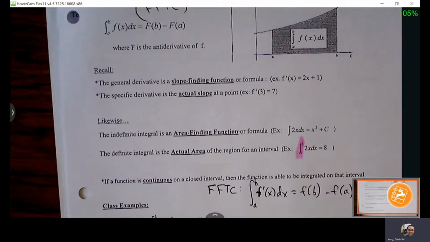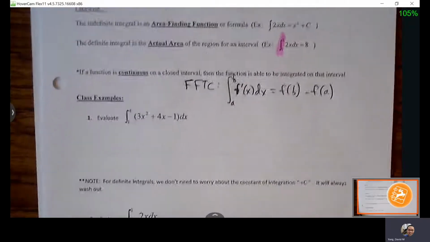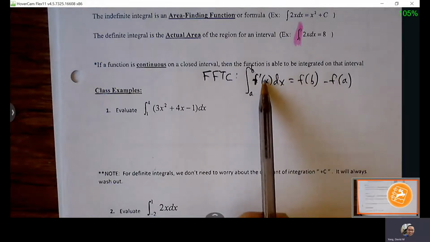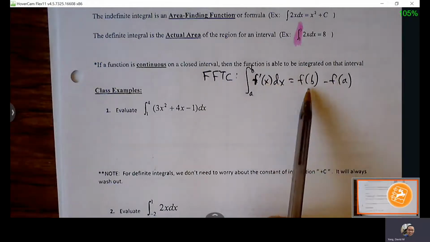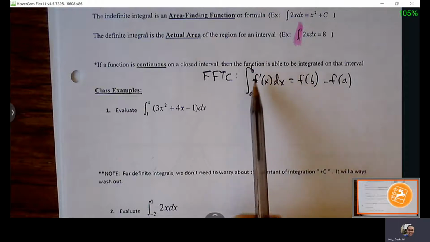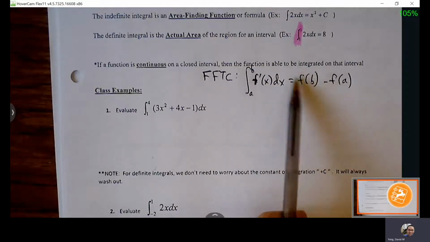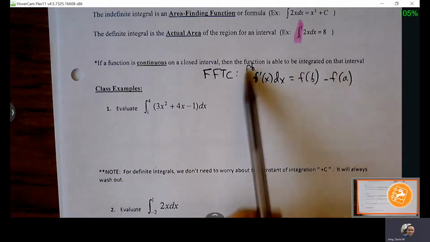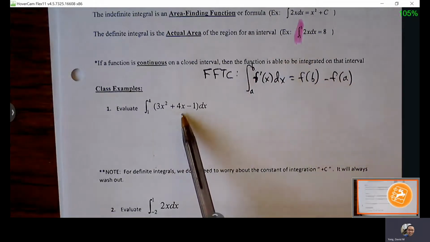We're going to learn about the other rules later, but right now we're just going to be sticking with power rule. So if I start with f prime, I can do power rule to move my way up to F of x, and then I'm going to plug in my upper and lower bound. The upper bound will always get inserted first, minus, then I plug in the lower bound. Okay, so we're going to use this formula to help us set this problem up.